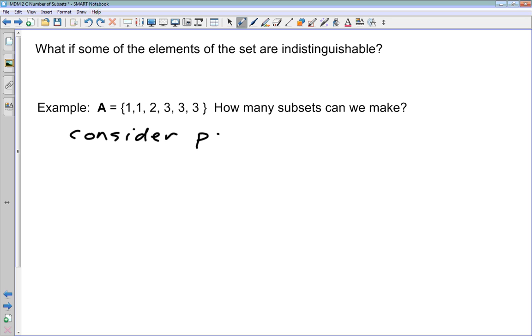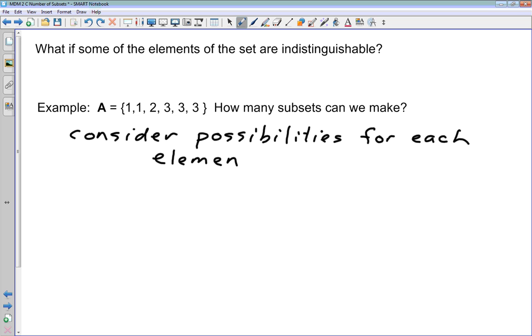the possibilities for each element. So let's think about our 1s first. Okay?